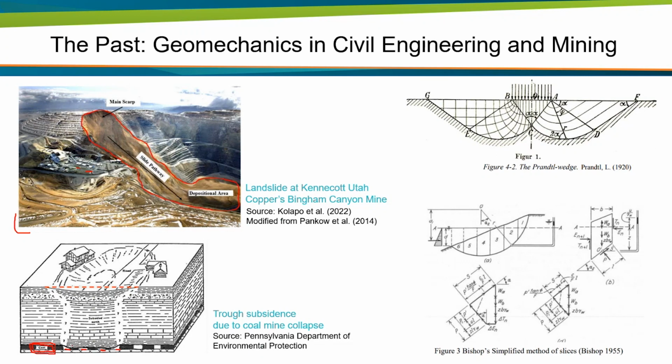And when the roof collapses, that collapse mechanism will continue working its way slowly upwards until it reaches the surface. And one fine day, or maybe not so fine day, you will get what we call a trough subsidence, and that can happen quite suddenly. That can happen within a few minutes, that all of a sudden the ground collapses under you, and when there is a house or a structure on top of it, of course, that is very nasty.